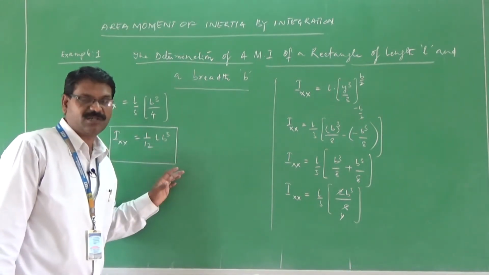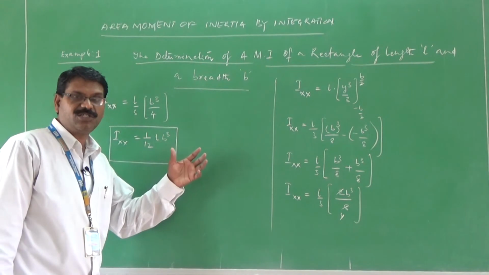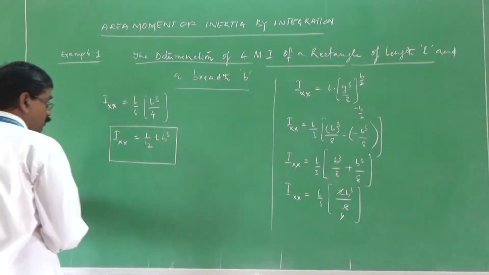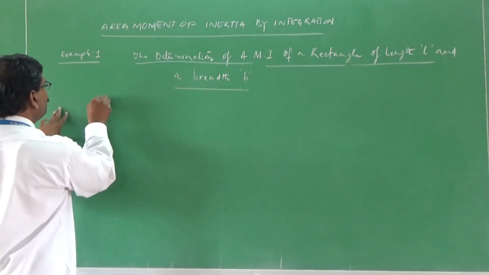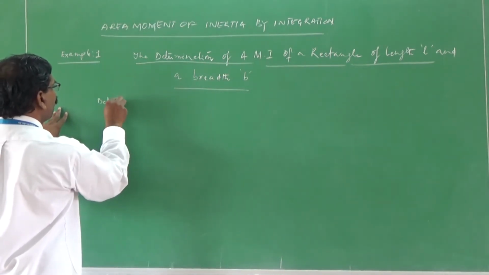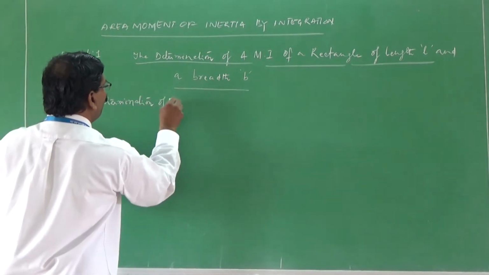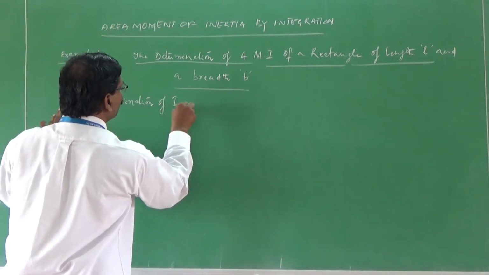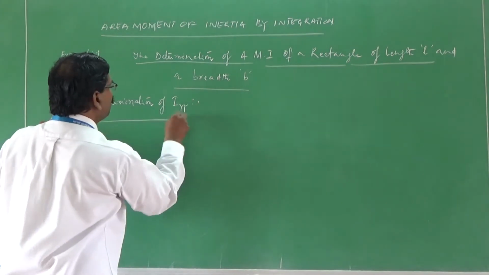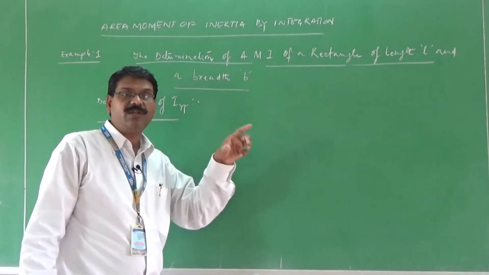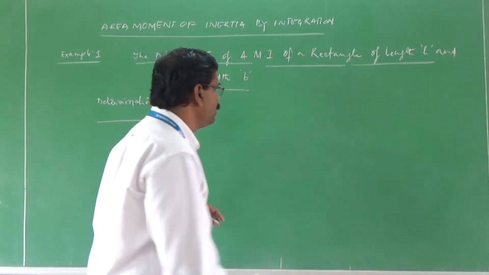In this similar fashion, we are going to find the determination of Iyy. Let us see this. Determination of Iyy. To determine the moment of inertia with respect to y direction, again we need a diagram. I am going to draw the diagram.